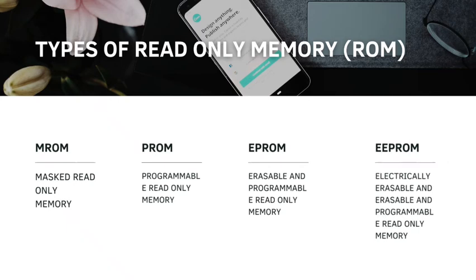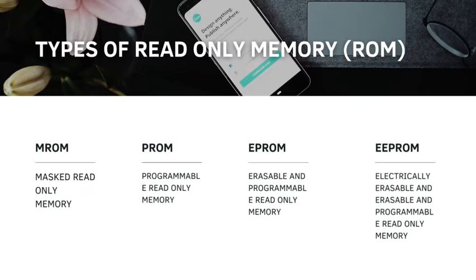There are types of ROM. We have the MROM, meaning masked read-only memory. We have the PROM, programmable read-only memory. You have the EPROM, which is erasable and programmable read-only memory.